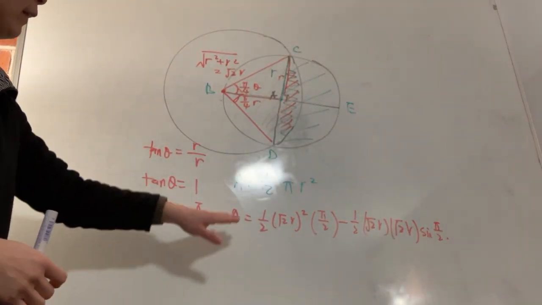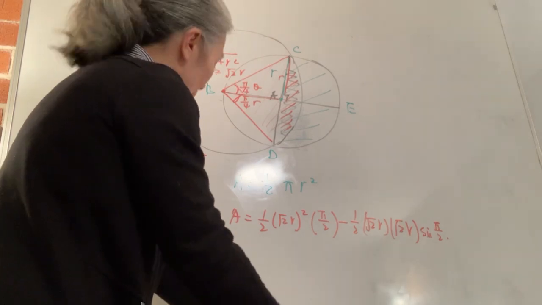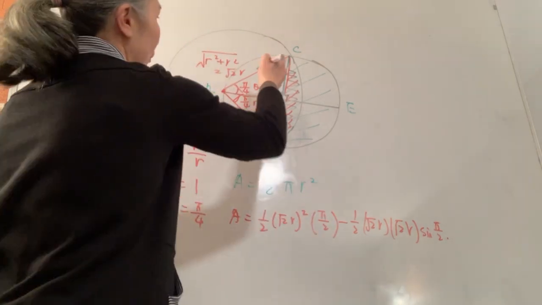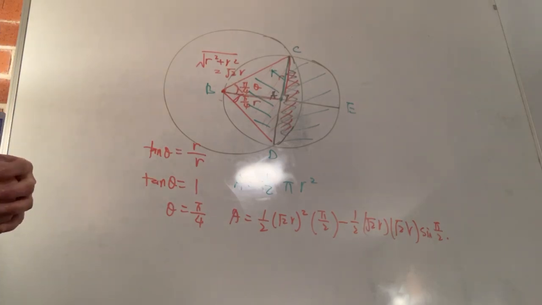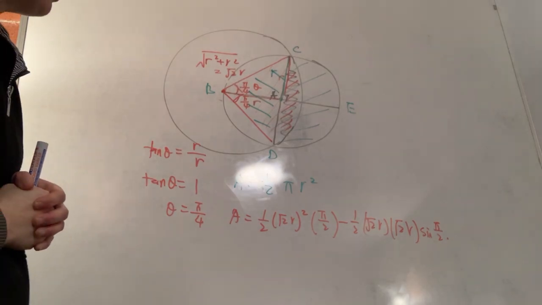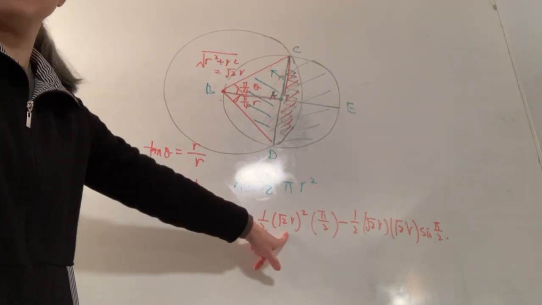So the area of a sector, which is this piece, minus the triangle. Basically the huge circle doesn't matter. I use the huge circle because I need the radius.